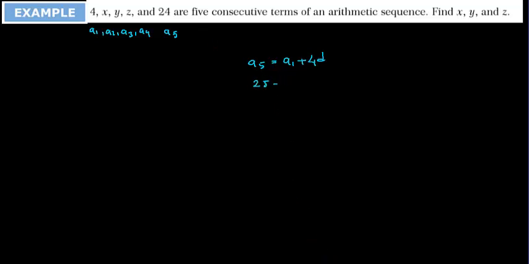I know a5 is 24, so 24 is equal to 4 plus 4d, and a1 I know is equal to 4 from the terms of the sequence. 24 minus 4 is equal to 4d, so 20 is equal to 4d, and d is equal to 20 over 4, so d is equal to 5.